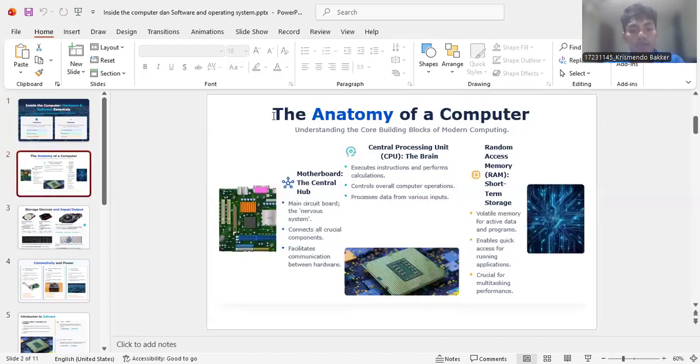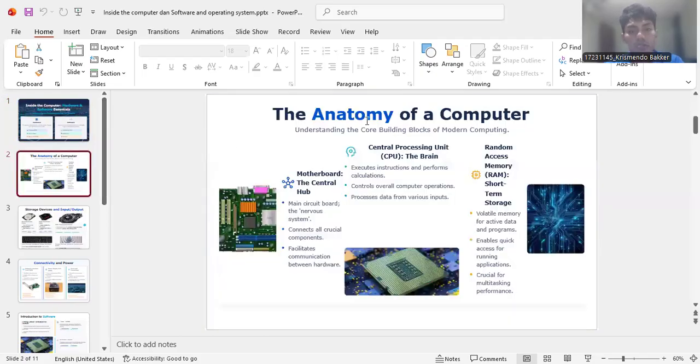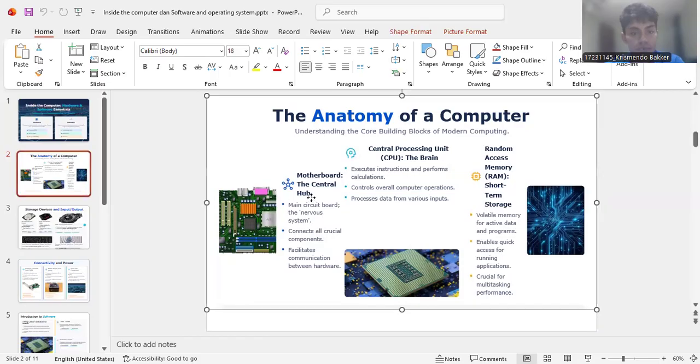The next is the anatomy of the computer, what is called the inside of the computer. As in the image, this is the main circuit board, also called the nervous system.